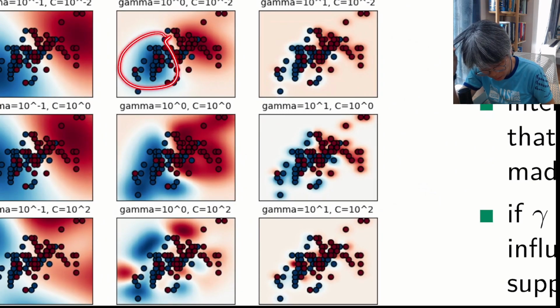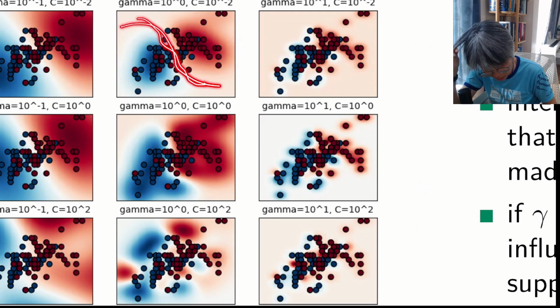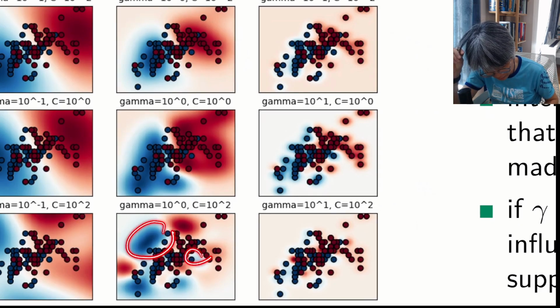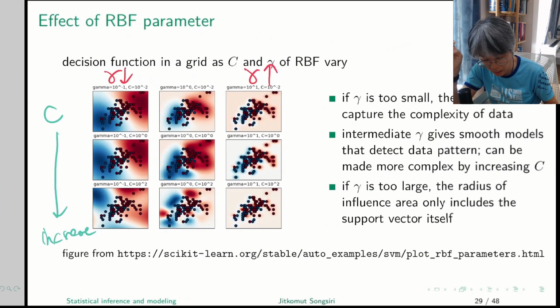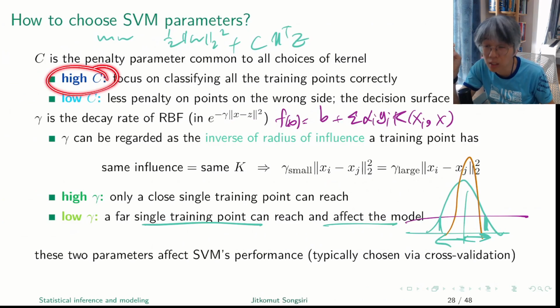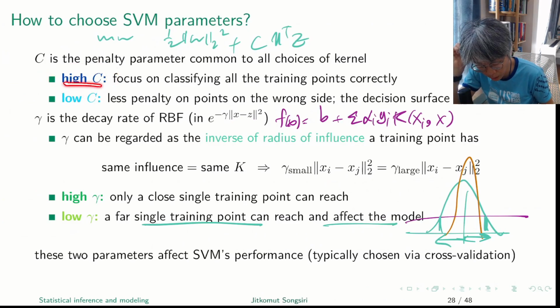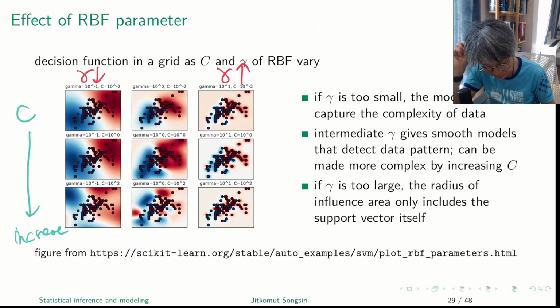Here the decision region is nonlinear, but it seems to be smooth, and it is getting more complex as you increase C. That agrees with our interpretation: when you have high C, you focus more on classifying the training points correctly.